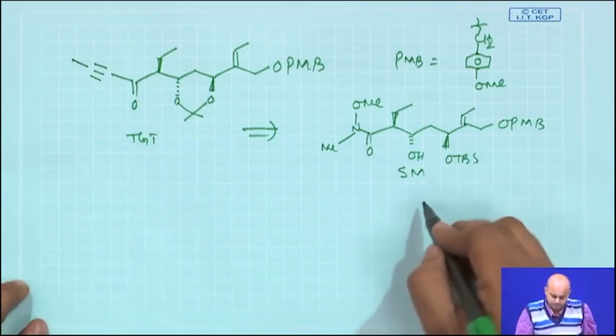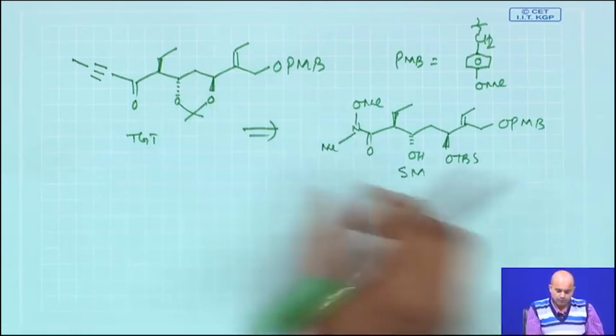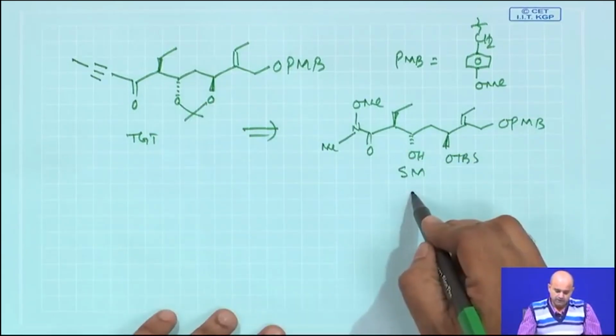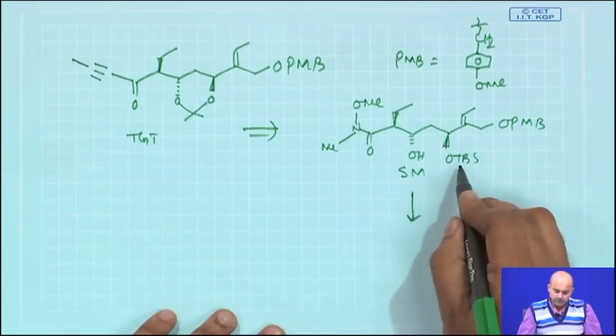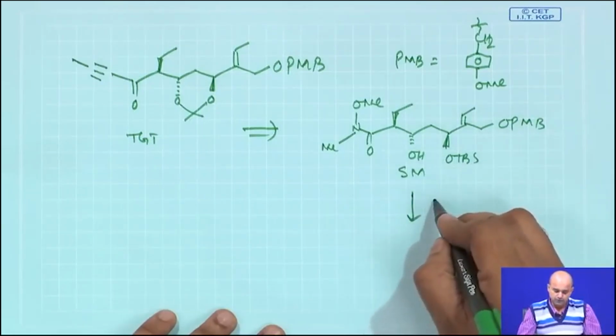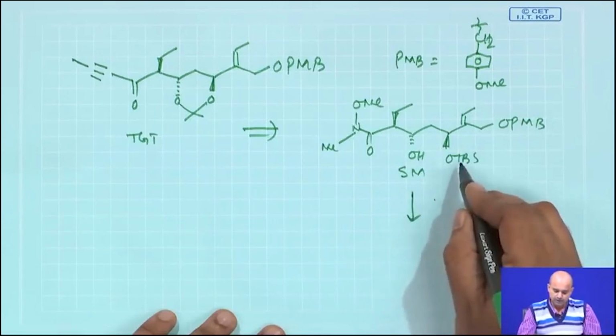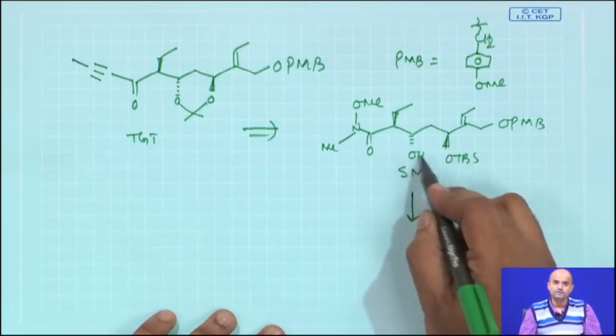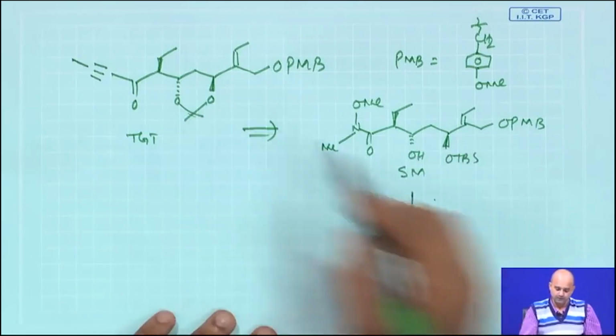So, what do you do? You need to basically protect this diol as an acetonide. Usually in reality, what was done? This is a TBS, TBS means a silyl containing protecting group. First you need to remove it so that it becomes a free OH, then you protect it with acetonide.